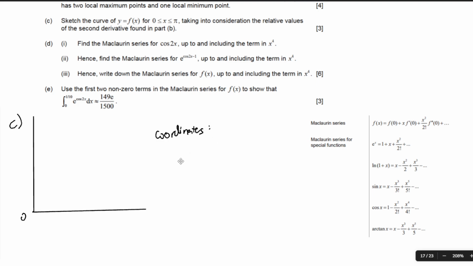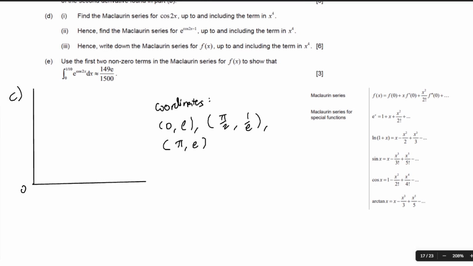So our coordinates right now are 0, e, pi over 2, 1 over e, and pi, e. So we just label our points here.